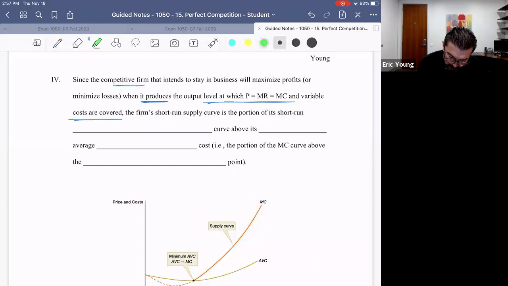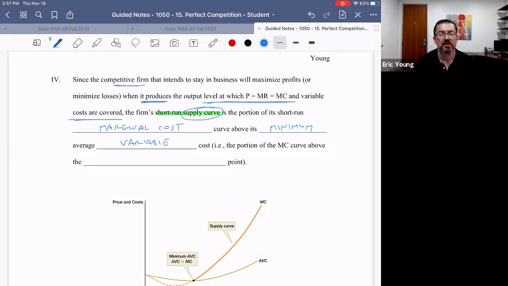Then the firm's short run supply curve is simply the portion of its short run marginal cost curve that lies above its minimum average, pardon me, its average variable cost. In other words, the firm's supply curve, the amount that it will produce or supply, is simply the portion of the MC curve that lies above the shutdown point.